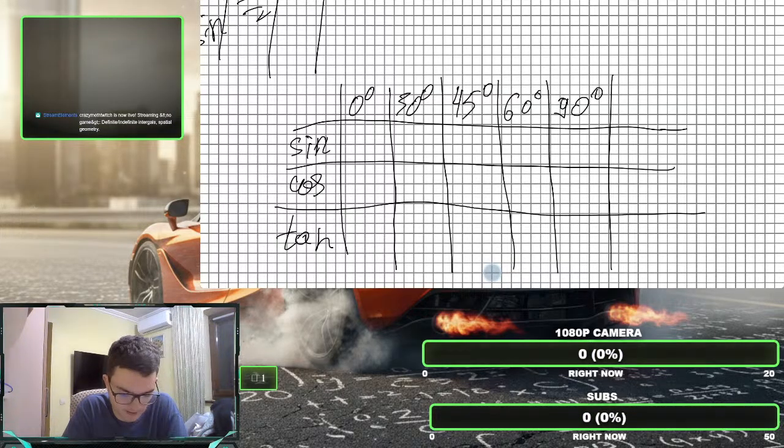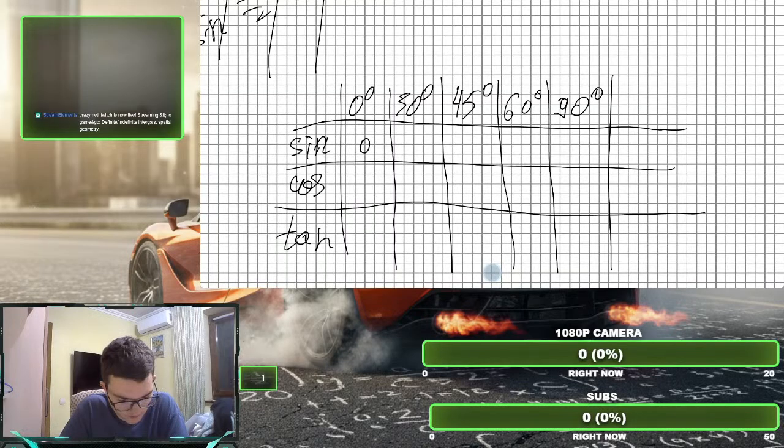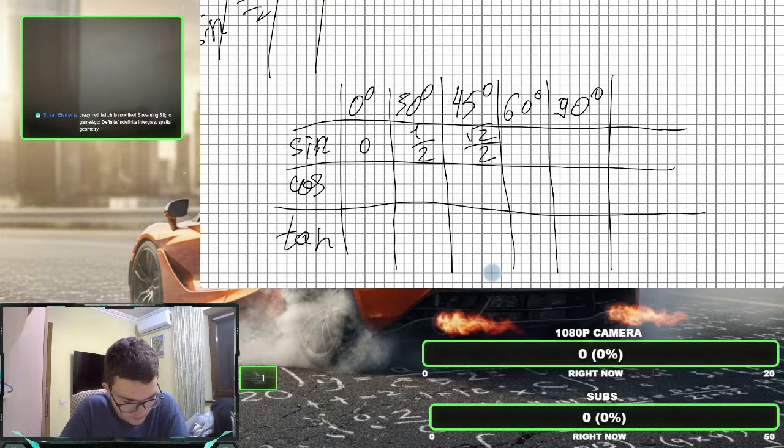Okay, so you've got that. So first one is 0, then it's 1 divided by 2, then square root of 2 divided by 2, then square root of 3 divided by 2. So you can see that there is a pattern.